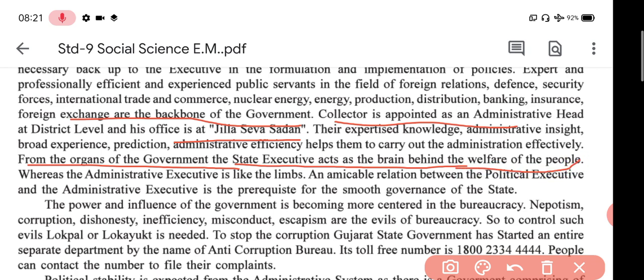Please underline how the state government acts, like a brain behind the welfare of the people. Then the collector is appointed as an administrative head. Then foreign exchange, nuclear energy, production, distribution are the backbone of the government.